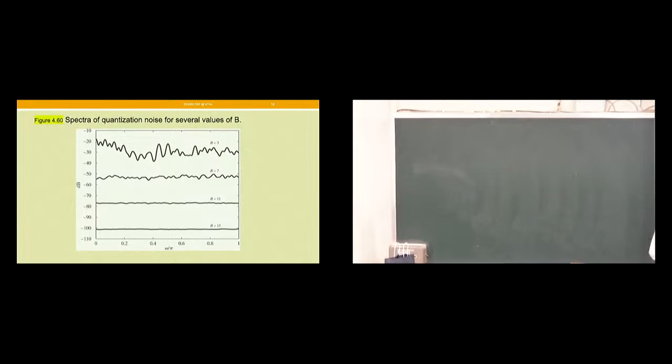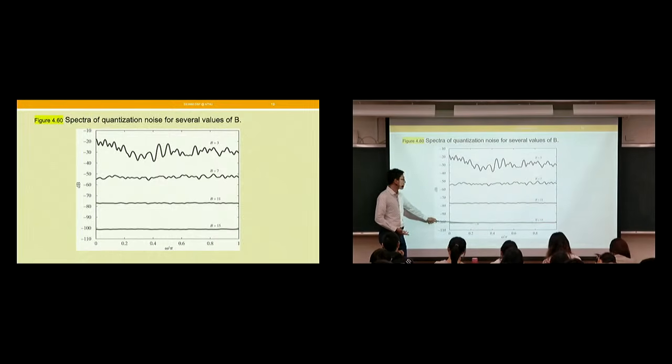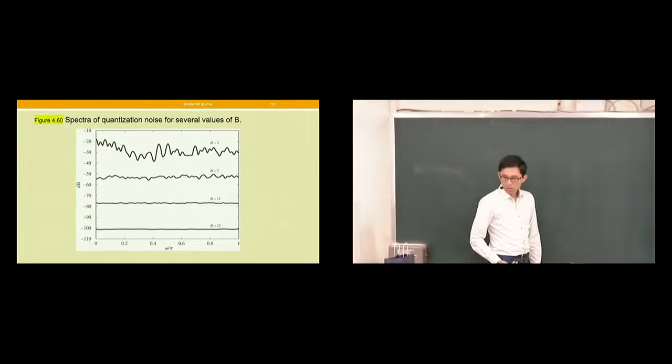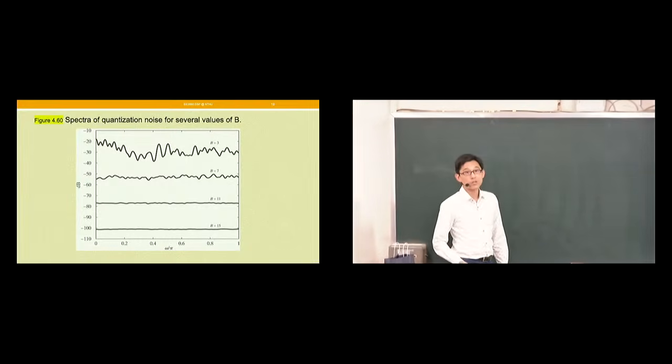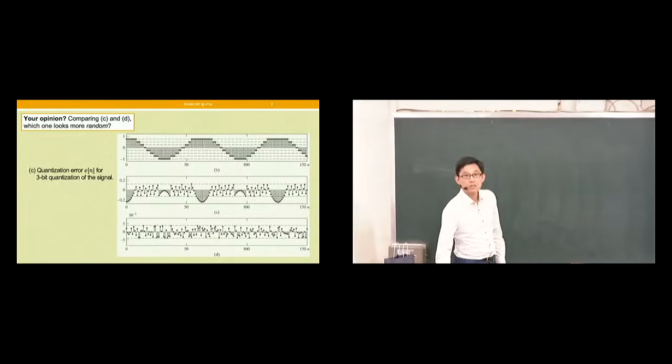In this figure, the horizontal axis is frequency. If you have a flat spectrum, that basically means your noise is white. It turns out that the more bits, the better: you want to enhance your resolution so that your quantization noise becomes white. Such things can be developed next week when we come back.